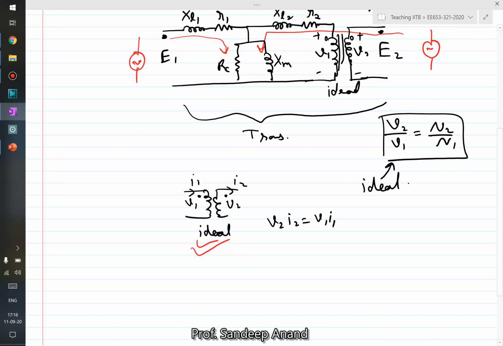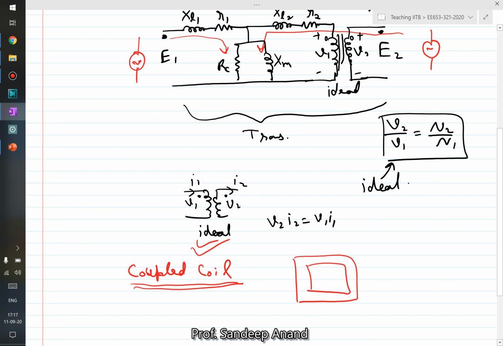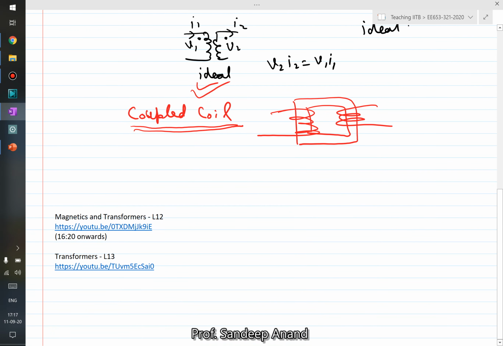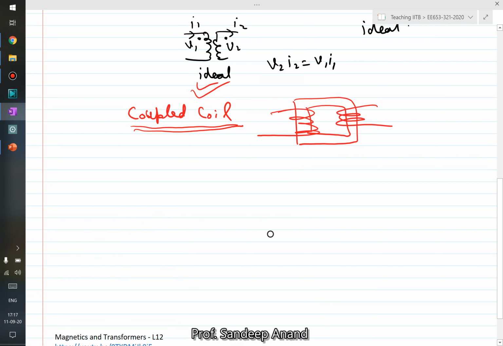Then some of you may have also heard of coupled coil, right? Again, this term we do use when we talk about some of the DC-DC converter circuits. If you see what a coupled coil is, the basic structure is still the same. You do have a core and you do have windings, right? What changes is the values of certain parameters, for example, how much air gap is required for a coupled coil versus a transformer.